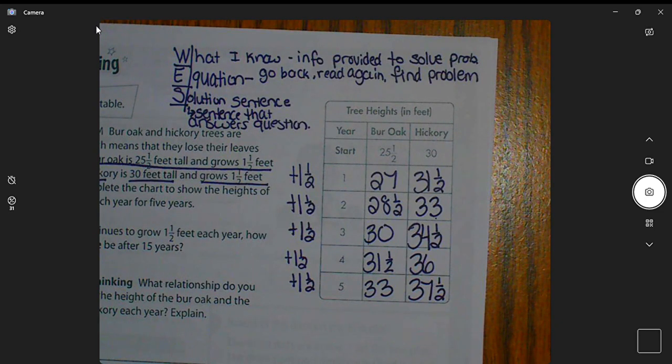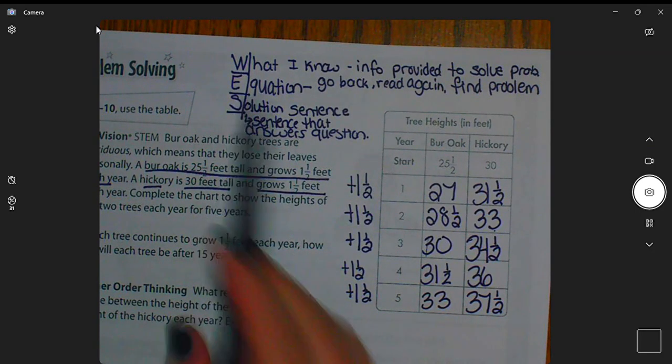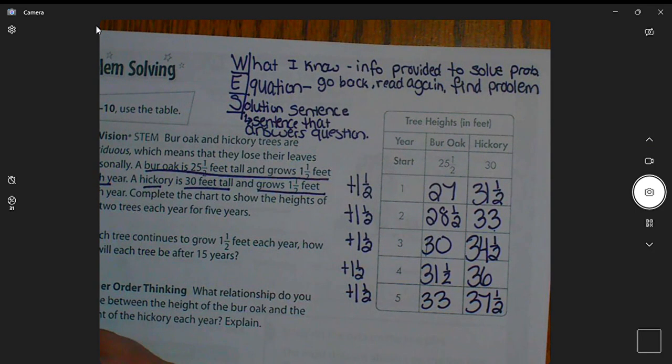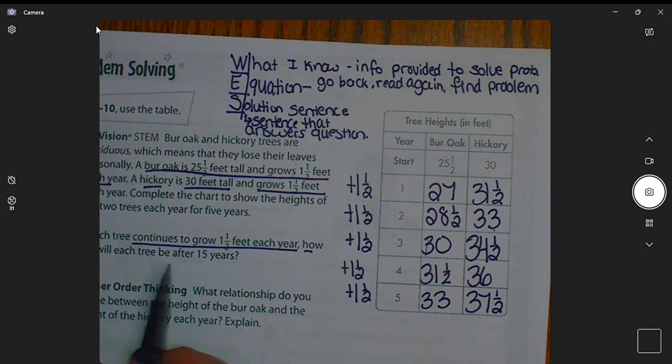If each tree continues to grow 1.5 feet each year, how tall will the tree be after 15 years? So, that's what I know. Now let's go back, read again to find the problem. If each tree continues to grow 1.5 feet each year, how tall will it be after 15 years?